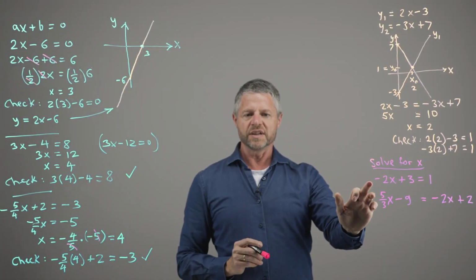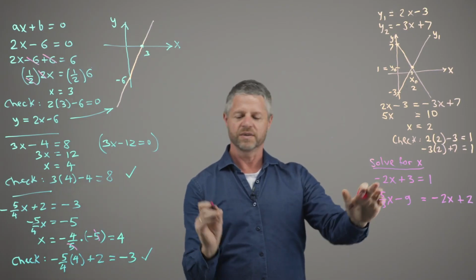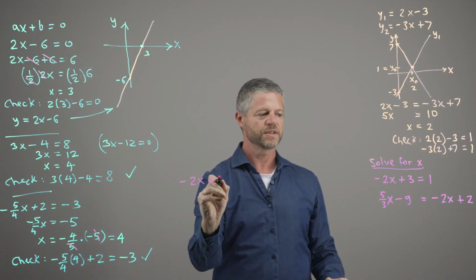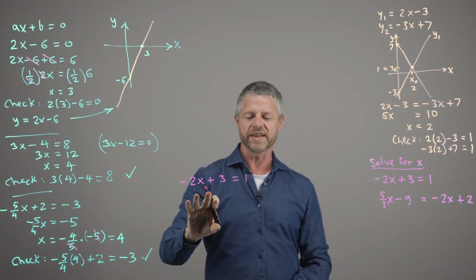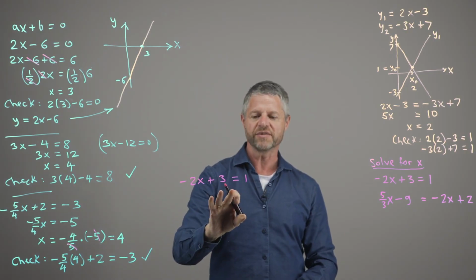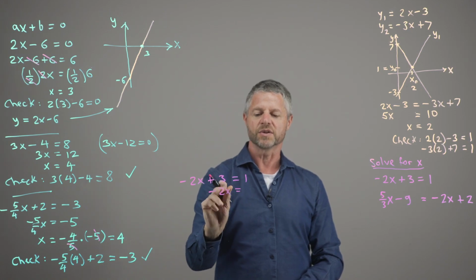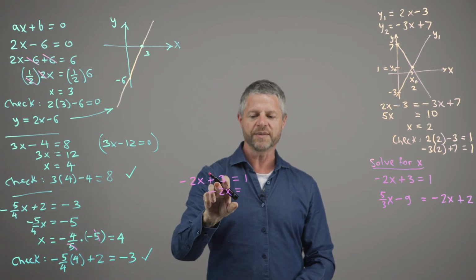So let's go through the first example, first problem. So we've got minus 2x plus 3 equals 1. I want to isolate x on one side of the equation. So let's subtract 3 from both sides first. So if we subtract 3 here, it will cancel with the plus 3.